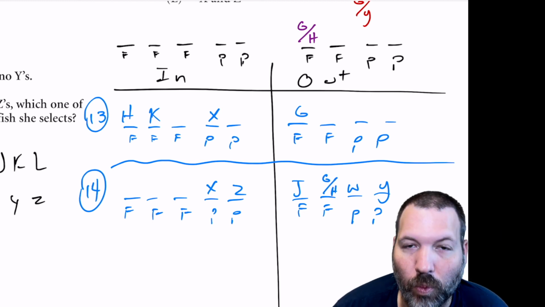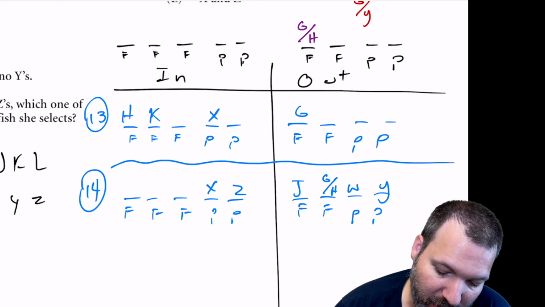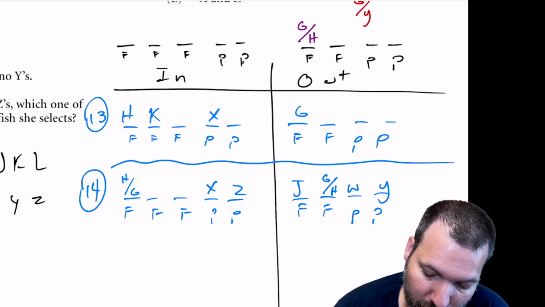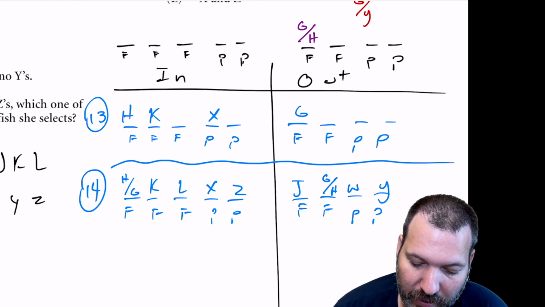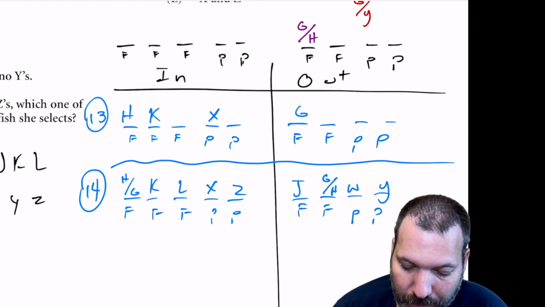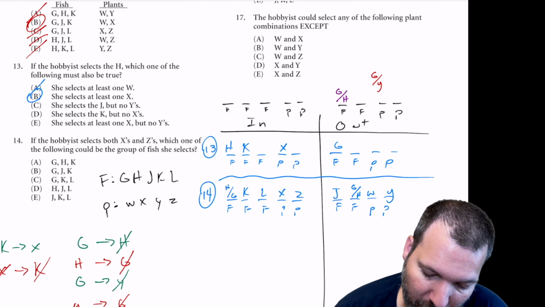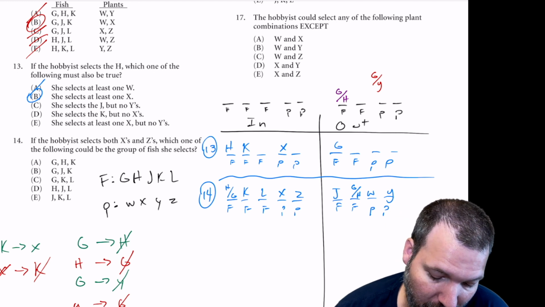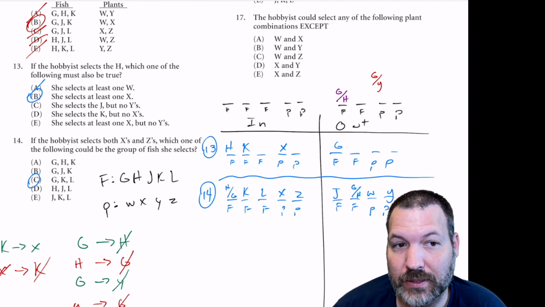So we still need one of G or H to be out for sure, which in this case means the other one will be in for sure, and then the other 2 fish have to get selected. So if J, we know for sure, is on the outside, it ends up that K and L have to be selected. So actually, there's quite a bit we can figure out. What could be the group of fish she selects? Well, it's either HKL or GKL, and that is C, right? GKL. And so 14 is C.